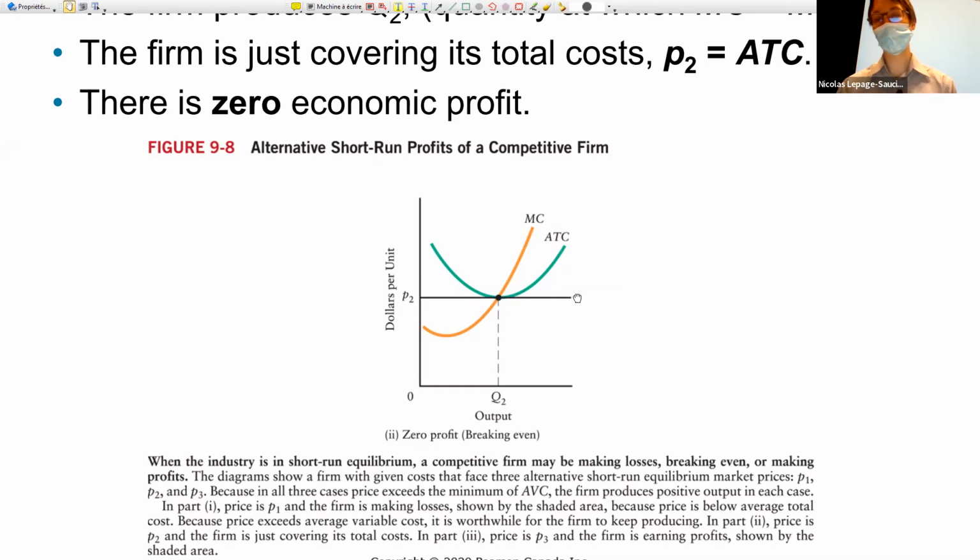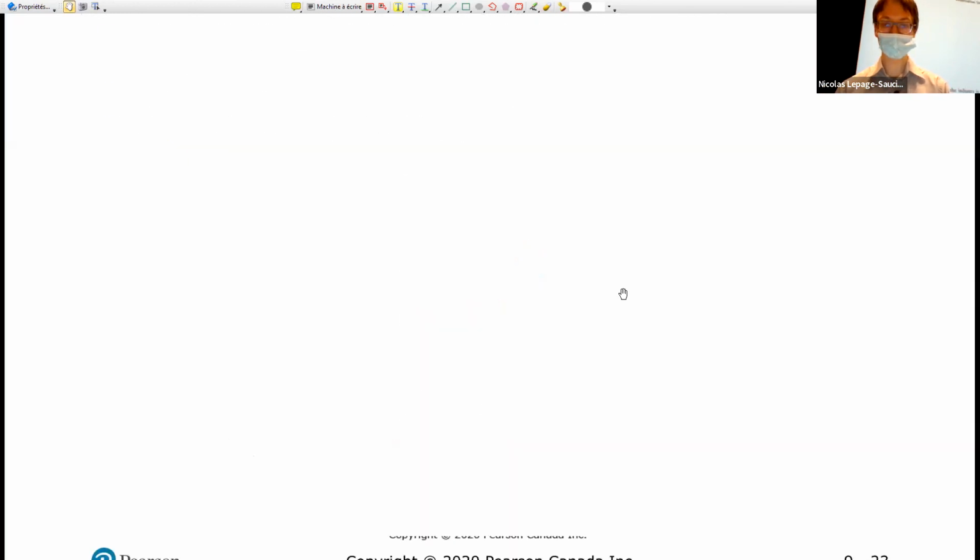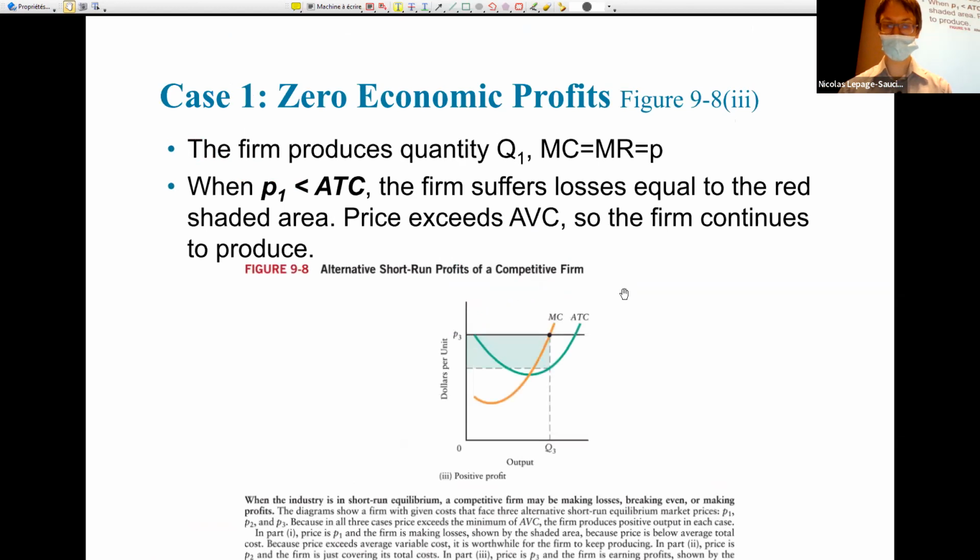That's not a super happy story if you're a firm owner to know that you don't make a profit, but at least you're not losing money. And so this is the nice situation in which the price is high enough that you do make a positive economic profit.